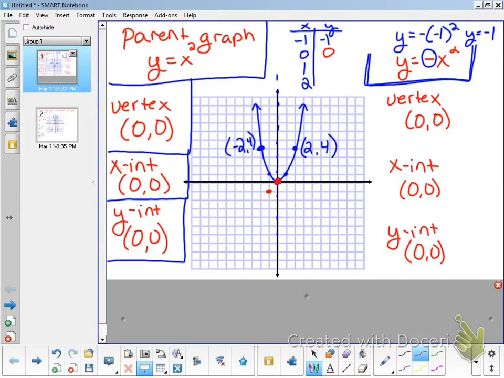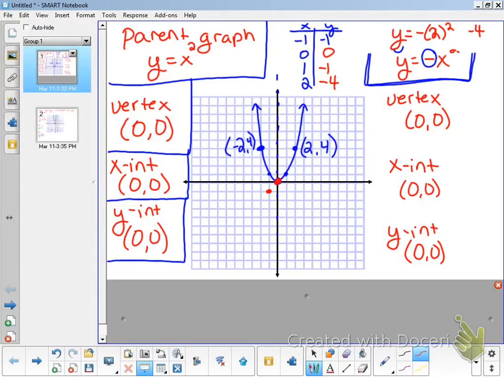Plug in 1, you're going to get the same thing we did over here. So, I'll show you again, y equals -1 squared. That gives you -1. We plug in 2. Now 2 squared is 4. Then you have the negative sign on the outside, so it's -4.